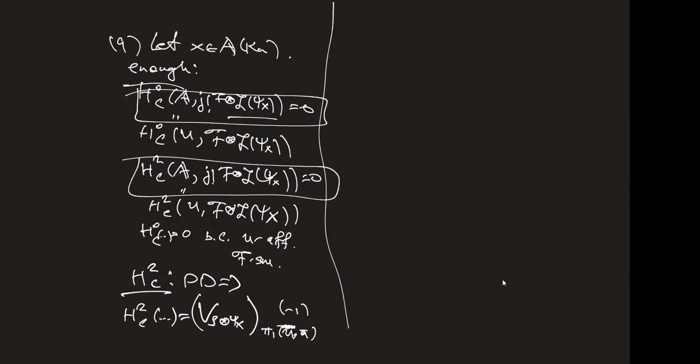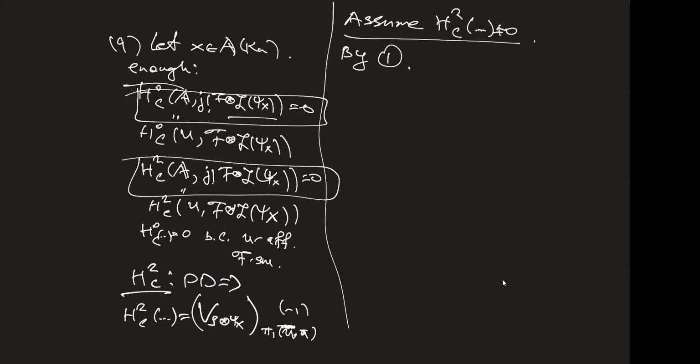Okay, so now assume that this thing is non-zero. And we want to get a contradiction. Okay, now let's see what we have. So by 1, which says that this thing is geometrically irreducible, we know that this is the trivial rep of pi_1.